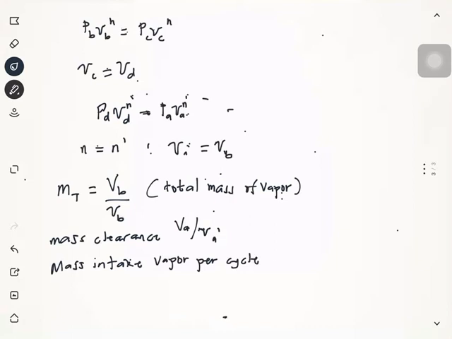This is equal to VB minus VA over VA prime.